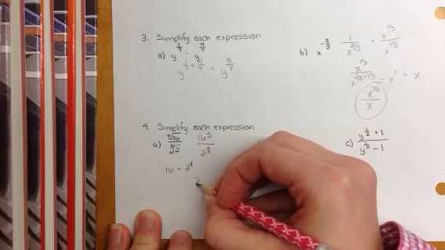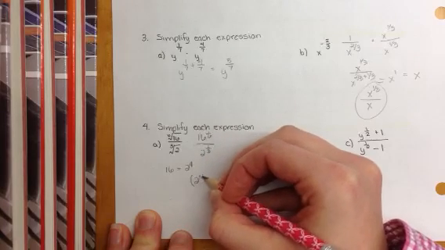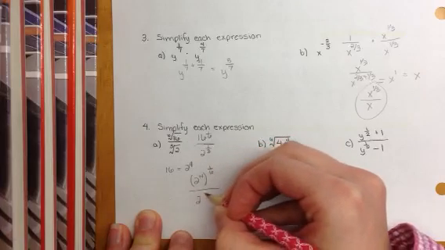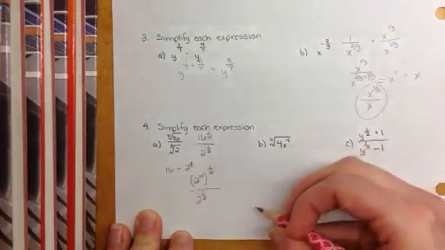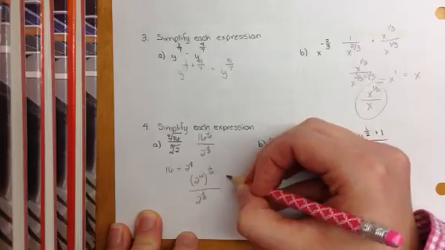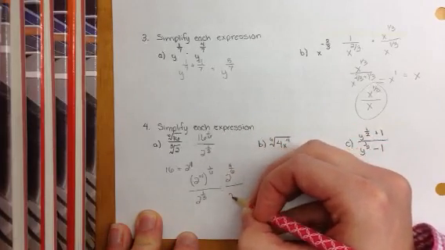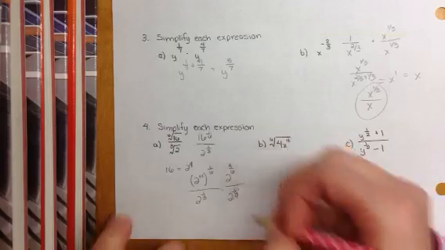So I'm going to rewrite it as 2 to the 4th to the 1/6 over 2 to the 1/3. So it's equal to 2 to the 4/6 over 2 to the 1/3.